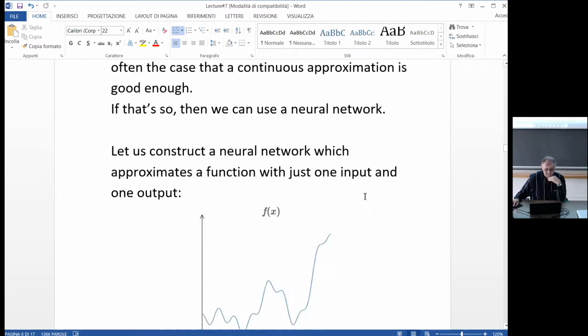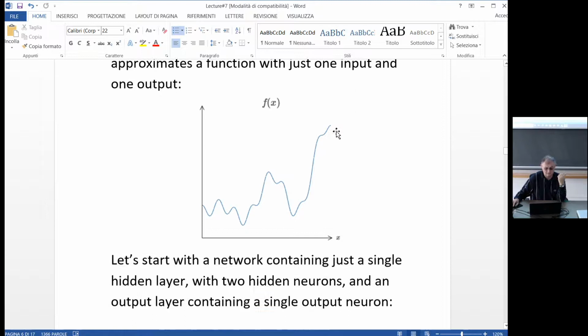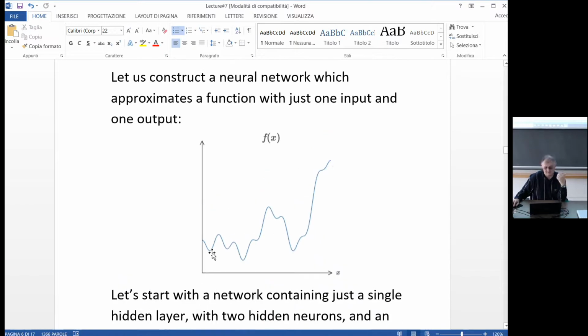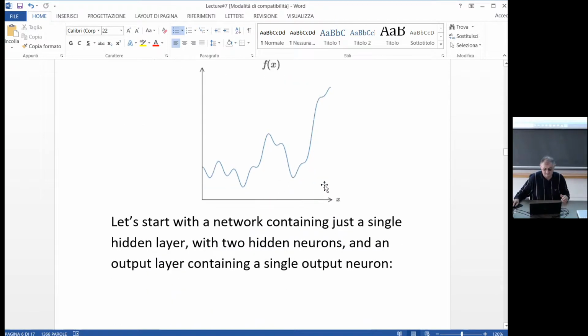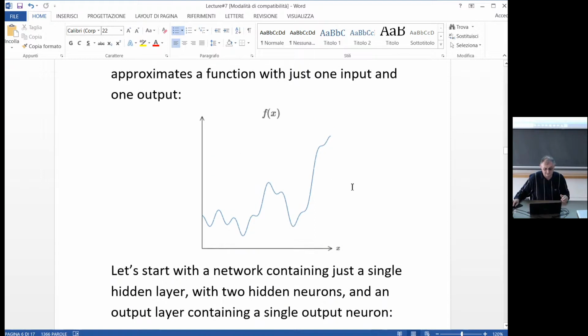So let us construct a neural network which approximates a function with just one input and one output. Consider a reasonably complicated, complex function, not trivial. For example, this shape of function.